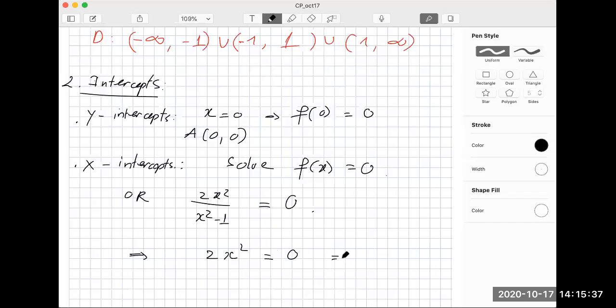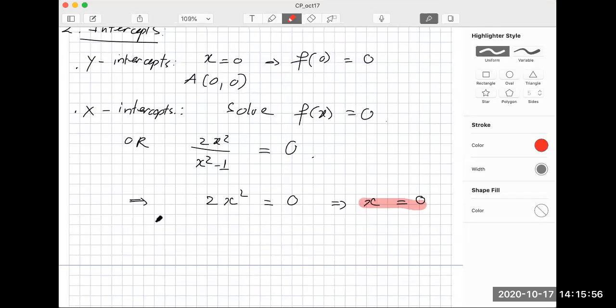Therefore, 2x squared equal to 0. Then x should be, yes, 0. Very good. So the x-intercept, there's only one point, one solution, right?